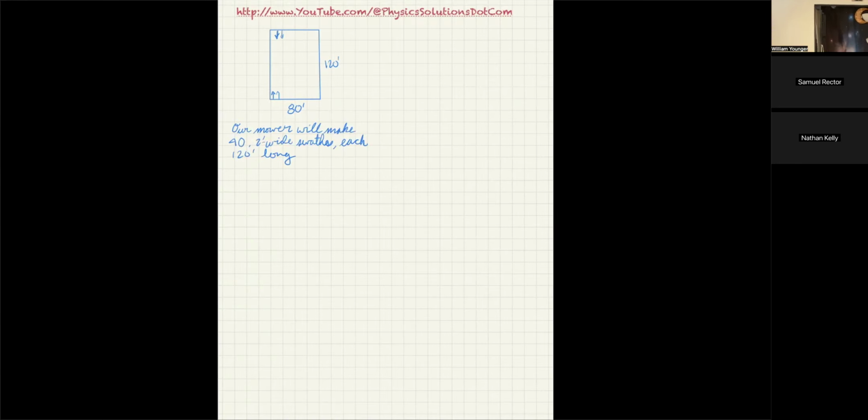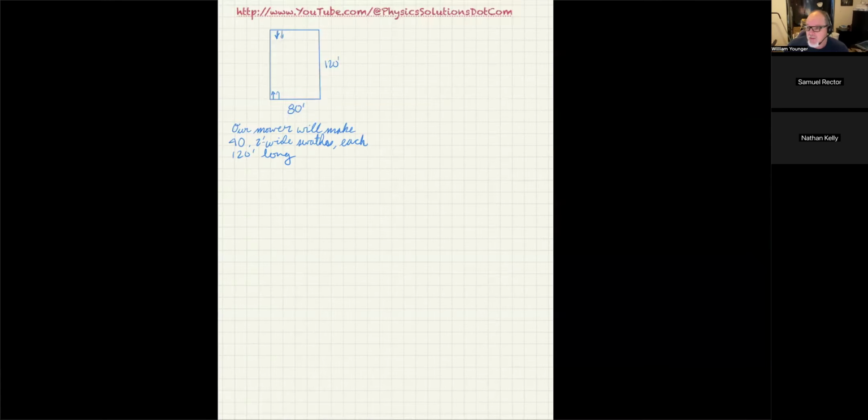And that's what it's going to take to mow the grass. You can imagine going due north, turning around, starting at 24 inches from the left edge of the property, and then walking back again, now instead of 24, you go 48 inches, and then go back and back and back. So it's going to take you basically 40 of those paths, 2 feet wide in each case, and each one's 120 feet long.